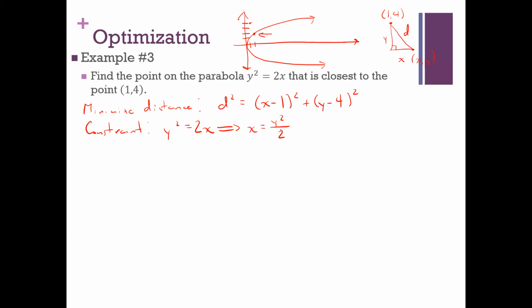So the thing I'm trying to get you to see here is that if at all possible, and it almost always is possible, get it in terms of one variable. So now that we have this, I can change our equation to this: d squared equals (y squared over 2 minus 1) squared plus (y minus 4) squared.